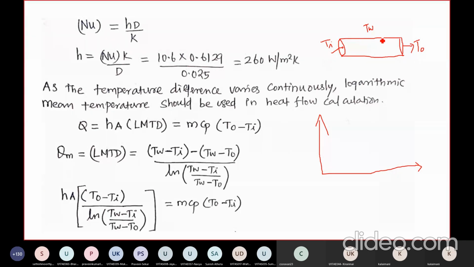The wall surface is maintained at a constant wall temperature, therefore Tw is a constant value for the entire length of the flow passage.